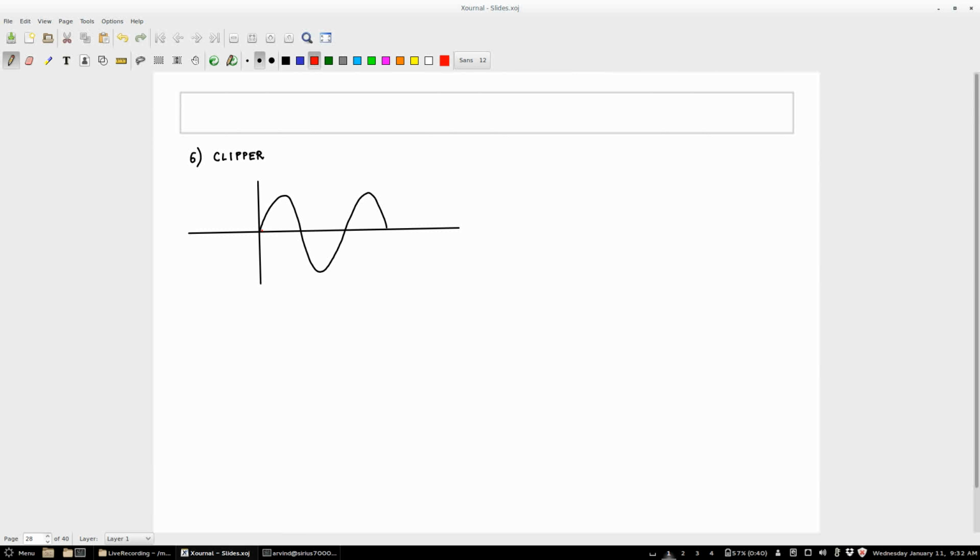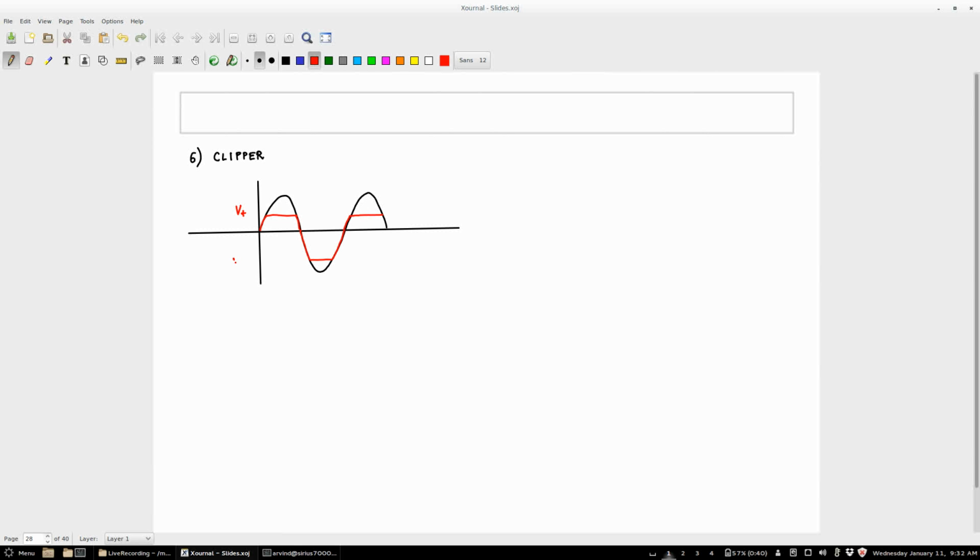So what does a clipper circuit do? From the word, what does it do? A clipper, for example, takes that as the input and ends it off, right? It clips it.